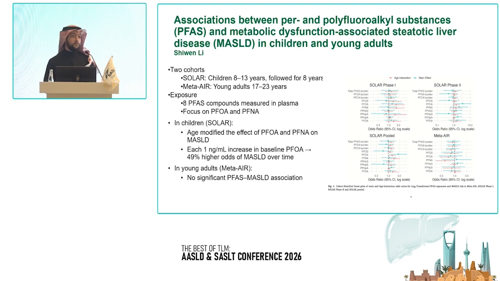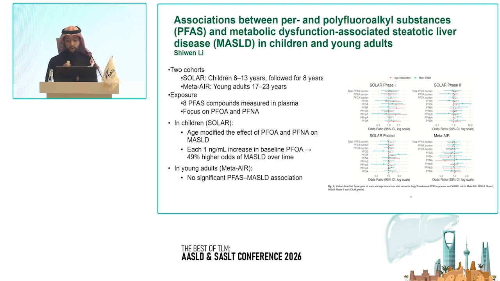In this abstract, they would like to see if PFAS exposure, especially in kids, will affect the development of MASLD. So they took two cohorts of people, the SOLAR group, which is the younger age group, and the Meta-AIR group, which is the older age group, and they measured the PFAS compounds in blood samples.